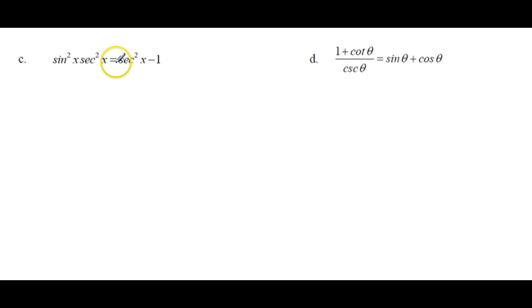C. Sine squared x secant squared x is equal to secant squared x minus 1. Okay. Well, secant squared x minus 1, again, we're sort of looking ahead, right?